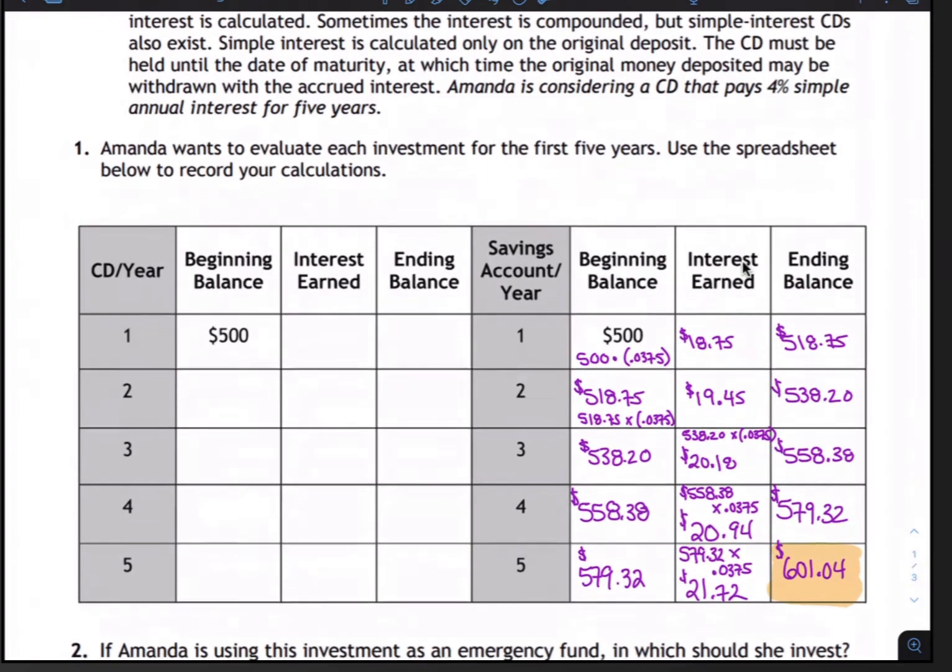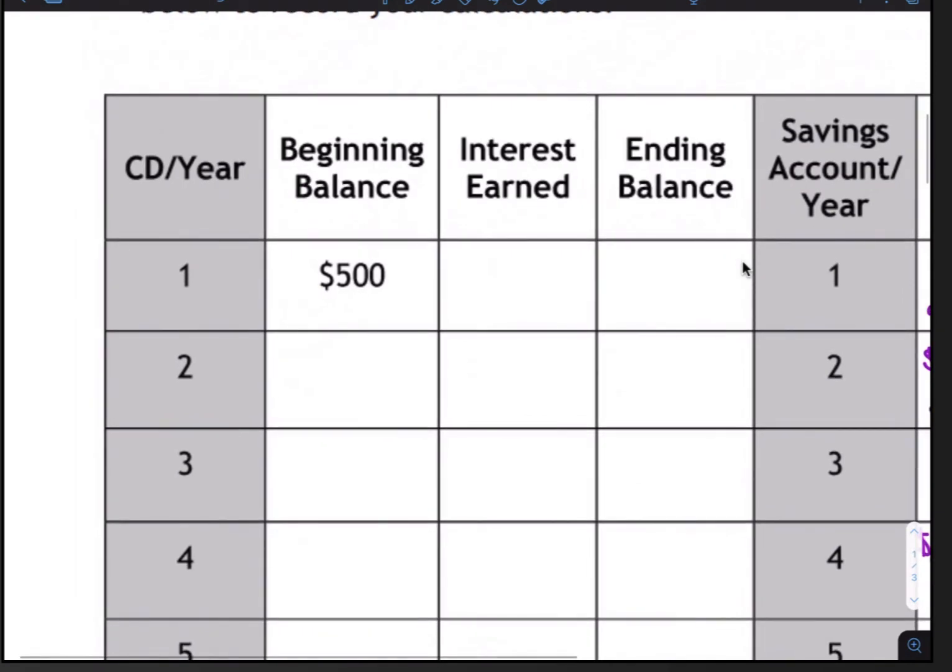So the way we calculate that is we have a beginning balance of $500 as we did before, and we'll multiply that by the interest rate of 4%. Now that is 0.04. 500 times 0.04 is $20. So to get the ending balance, we would simply add the beginning balance plus the interest. So 500 plus 20 is $520.